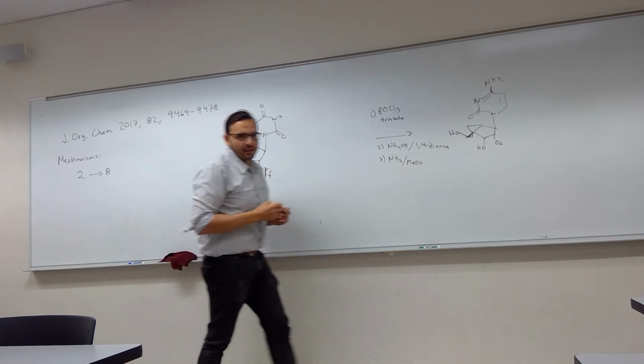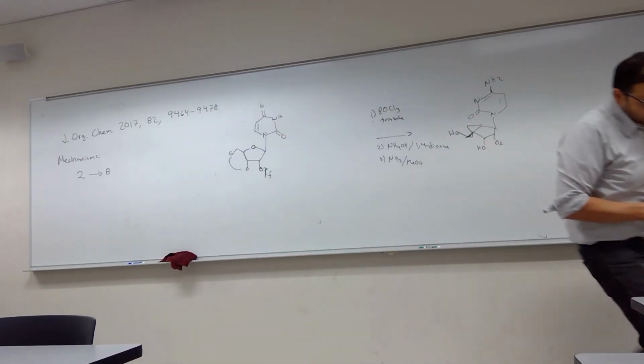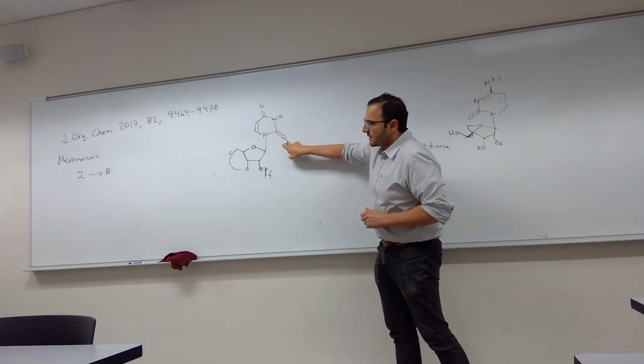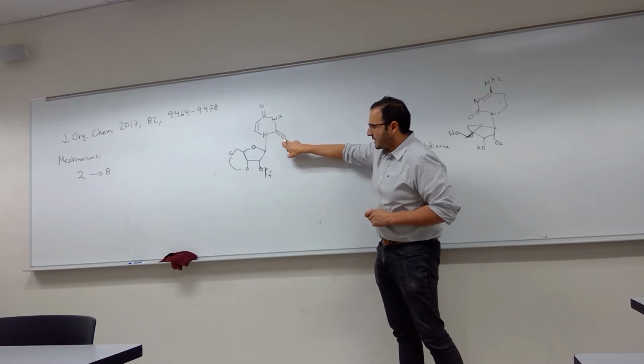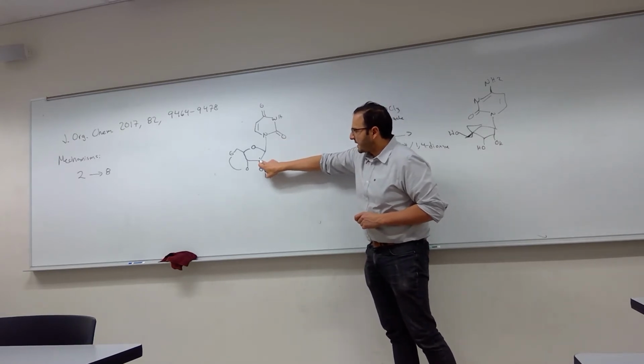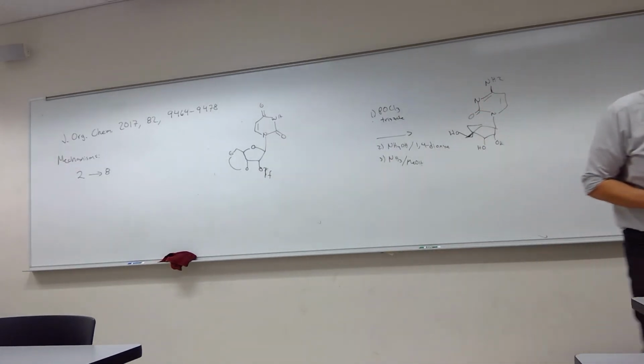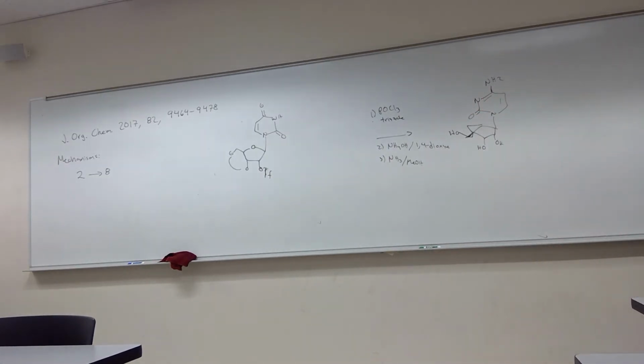That's what you're seeing here in your first step. This oxygen, the C2 oxygen, is attacking this position. That's one strategy that's commonly done. There are other strategies, but in this case, they start with 11. So that would be the one precursor.